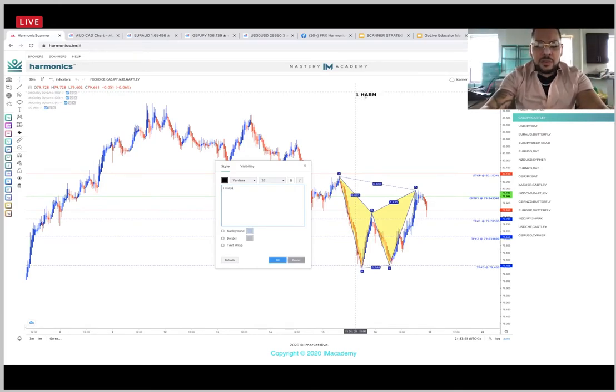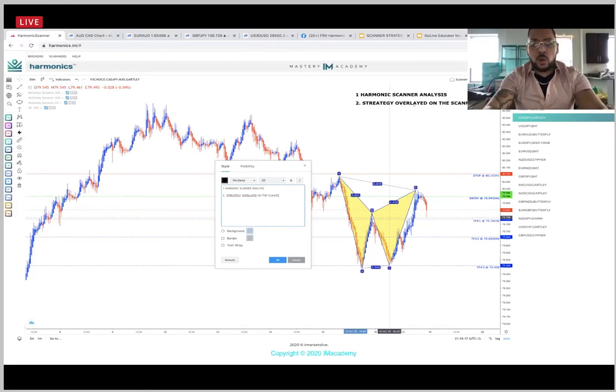First thing is that we have the Harmonic scanner analysis. This alone is a high probability trade. This scanner algorithm alone is a high probability trade. The second thing is that we have strategies overlaid on the scanner.